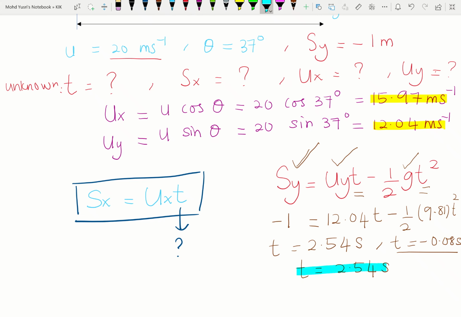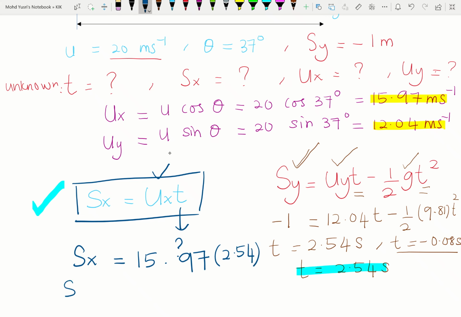Okay, after we get the value of t, let's substitute it into our first equation. To find Sx, let's substitute the value of Ux that we already calculated, which is 15.97, multiplied by 2.54.